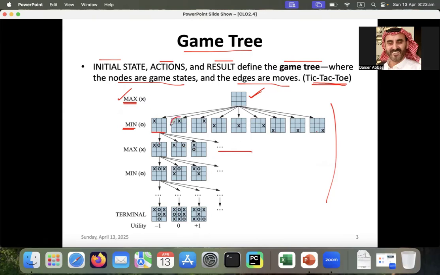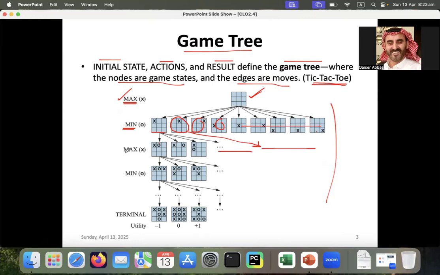Similarly, under this, the min player can mark at 8 different positions, and you can draw all those boxes here. Similarly for this one, similarly for this one, and so on.